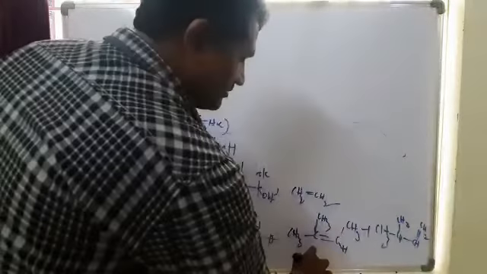So there are two chances, CH3 double bond C, CH3, and another one. This is the major and this is the minor product.